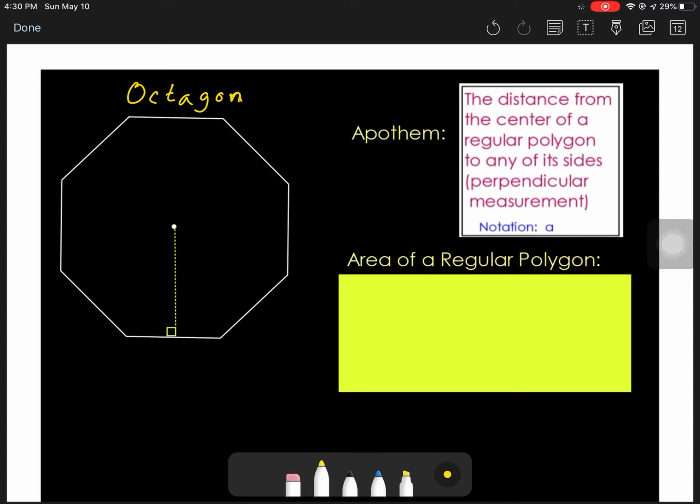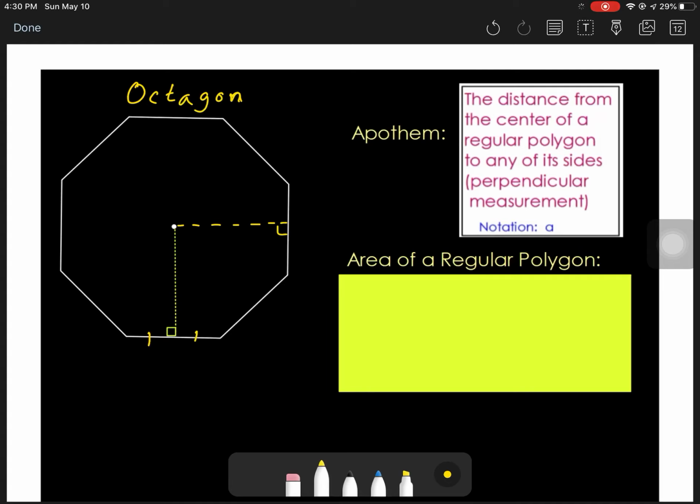So technically there's 8 different apothems because there's 8 different sides to this regular octagon. So we could have an apothem that goes like this. And then it just has to be a right angle. So it's going to actually be perpendicular, and it's going to bisect the side that it touches. So it's going to cut this bottom piece in half into 2 congruent parts.